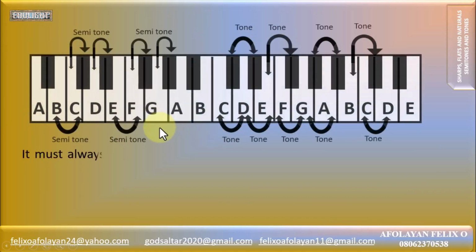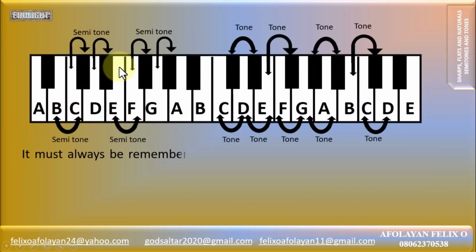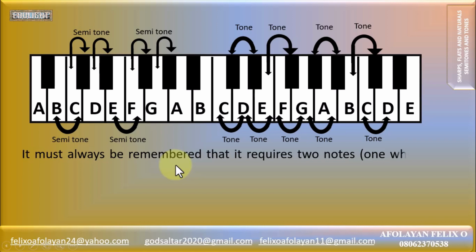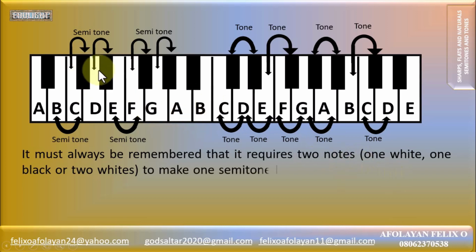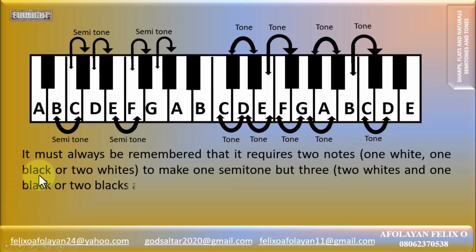As we earlier explained about tone and semitone using our keyboard, it must always be remembered that it requires two notes. Two notes like this. One white, one black, or two white to make one semitone.